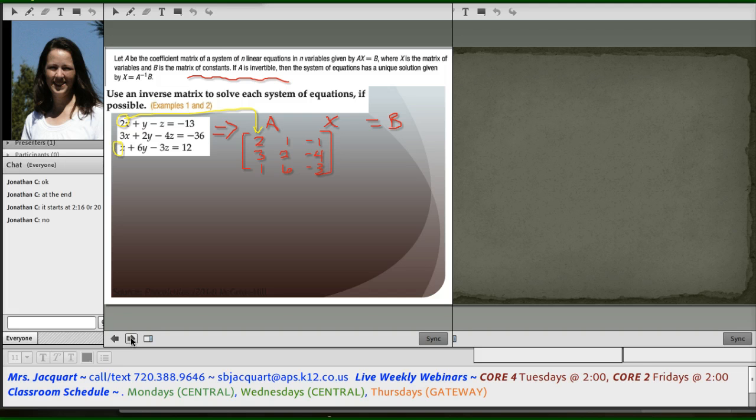Coefficient of a magic 1. And then my x would simply be x, y, z. And then my equals would be -13, -36, and 12. Not 31, 36, I lied.